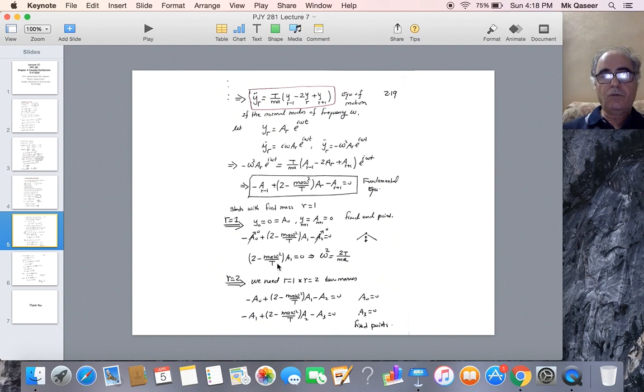Now let's take two masses, that's r equals 1 and r equals 2, with fixed ends. We get this expression for the first mass: minus a0 plus 2 times a1 minus a2. Here put r equals 1, we get minus a0, which is 0, plus 2 times a1 minus a1 plus 1, which is a2.